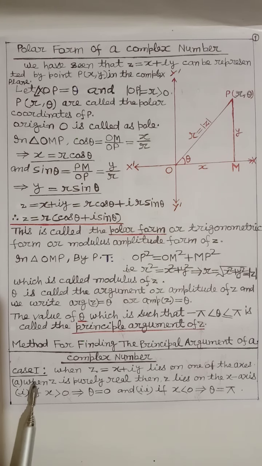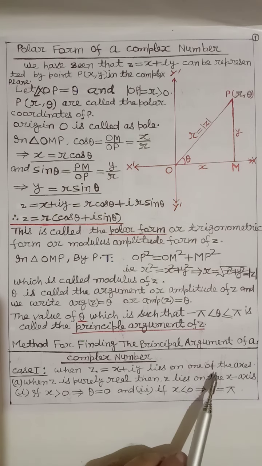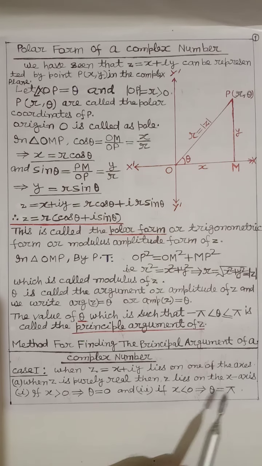Case first, when z equal to x plus iy lies on one of the axes, means either z lies on the x axis or z lies on the y axis. When z is purely real, that is, the imaginary part of z is 0, then z lies on the x axis.